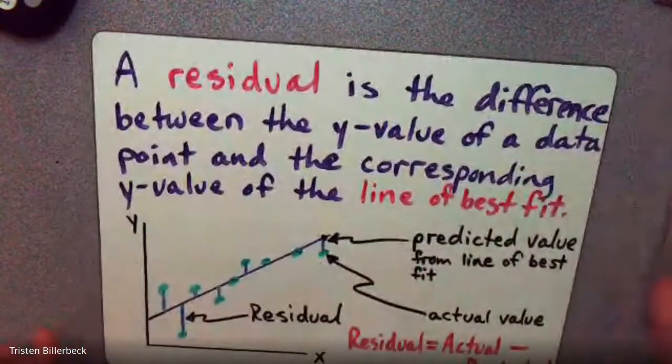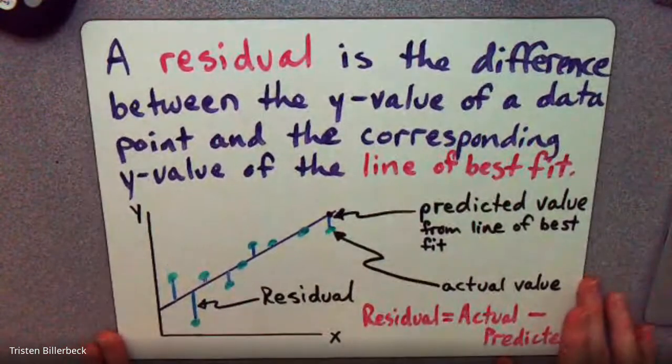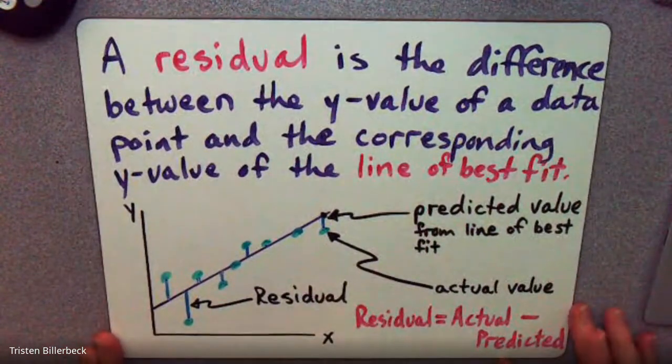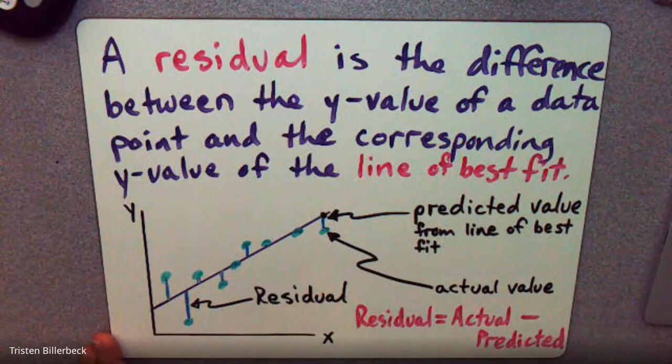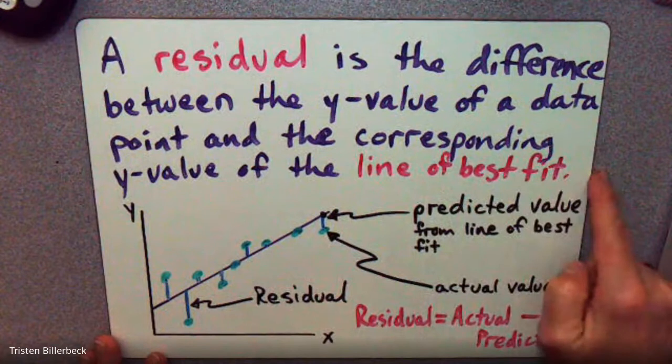All right, so next I want to talk about residuals. Okay, so a residual is the difference between the y value of a data point and the corresponding y value of the line of best fit.